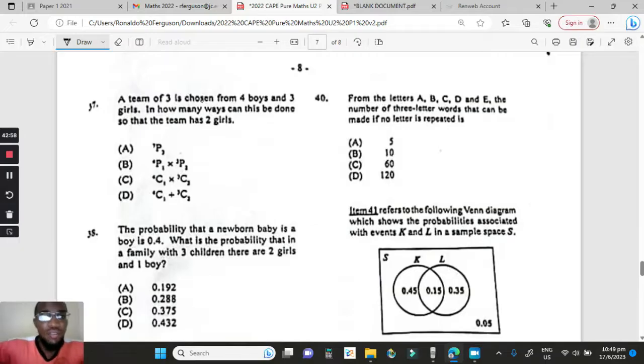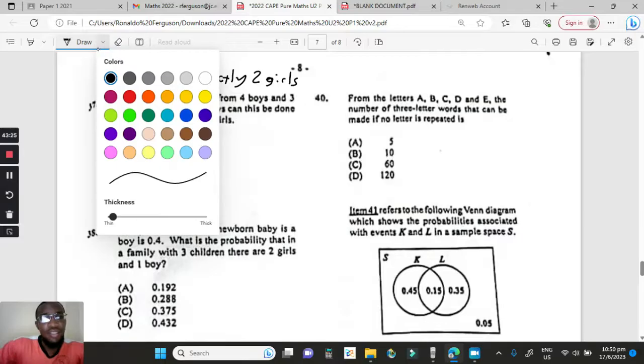A team of 3 is chosen from 4 boys and 3 girls. In how many ways can this be done so that the team has 2 girls? I don't like this. What do they mean by has 2 girls? Do they mean exactly 2 girls or at least 2 girls? I'm going to take it as exactly 2 girls. I thought they needed to clarify that question.